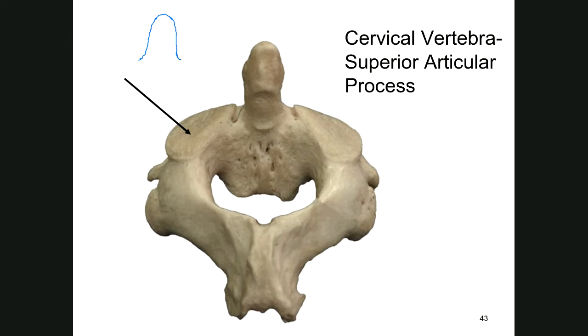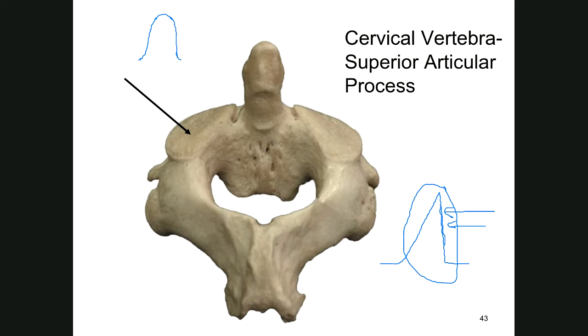So if on a process you have, I'll try to draw it like this, a smooth, flat area, this part here. The process is this whole structure. The smooth, flat area, which I'm highlighting here, that's called a facet.